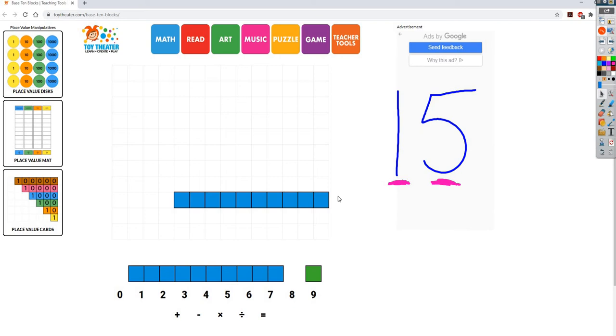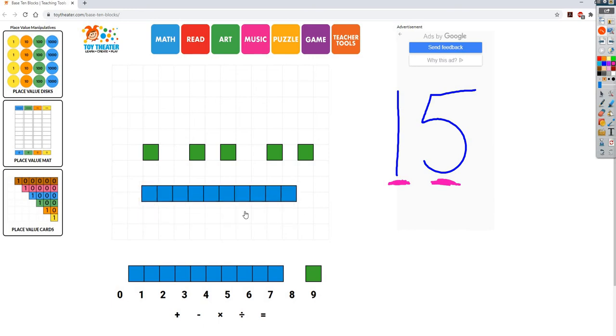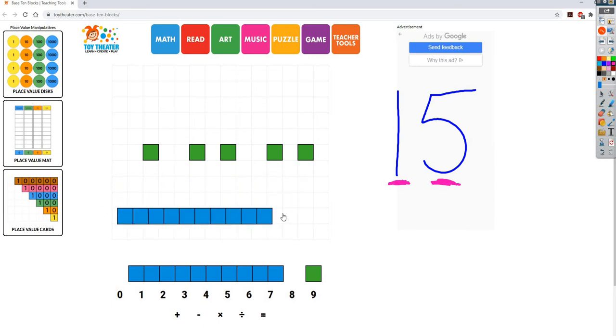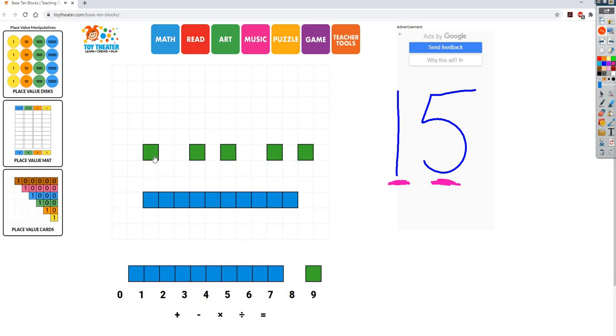But I don't just have 10, I have 15. So 11, 12, 13, 14, 15. Now my blocks show 15. And it was a lot easier to use one of these blocks to show 10 and then just put 5 more than if I had to do 15 of the little blocks. Isn't it? Yes.